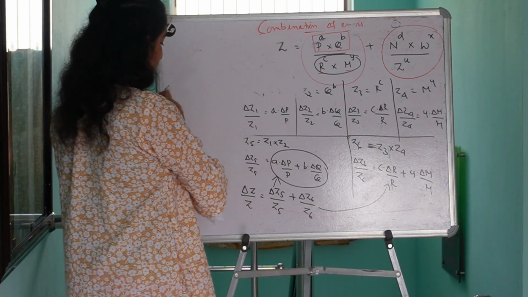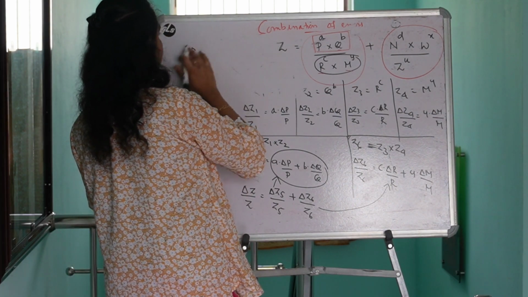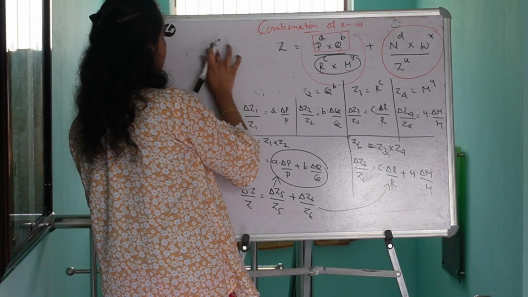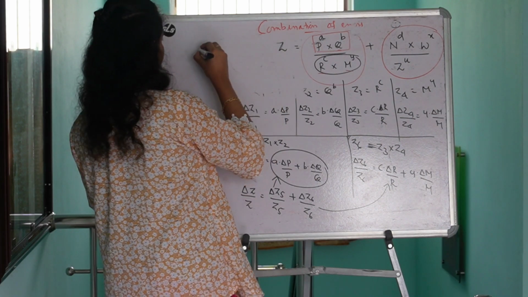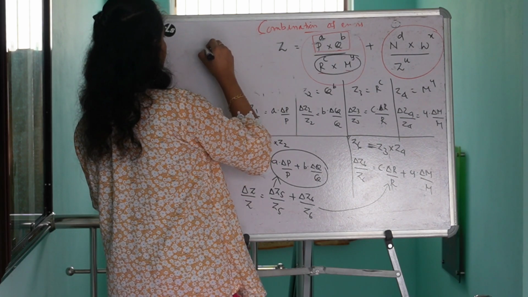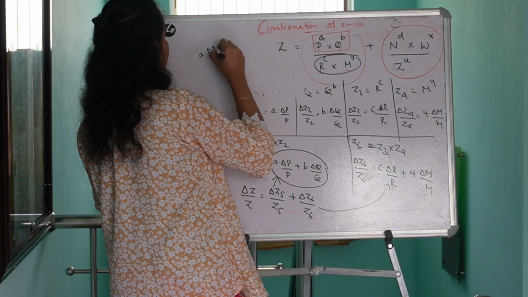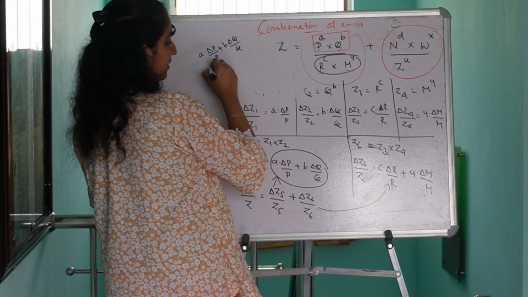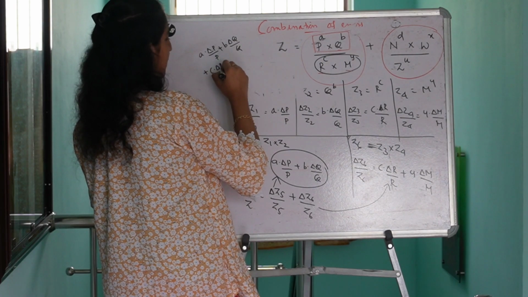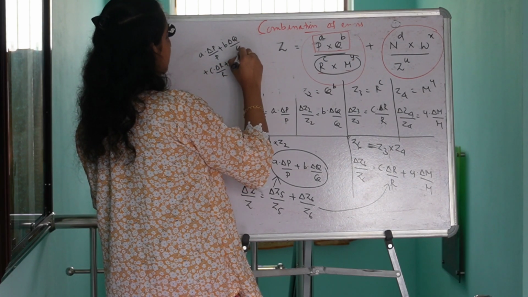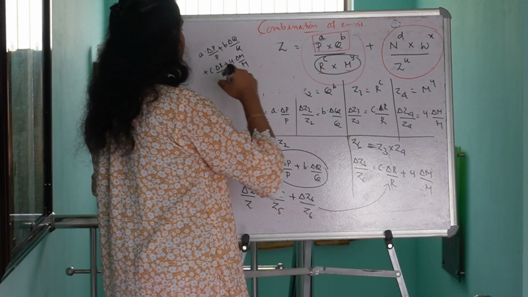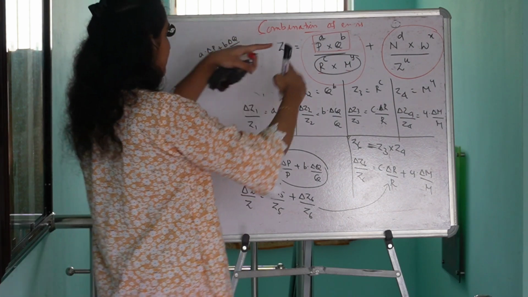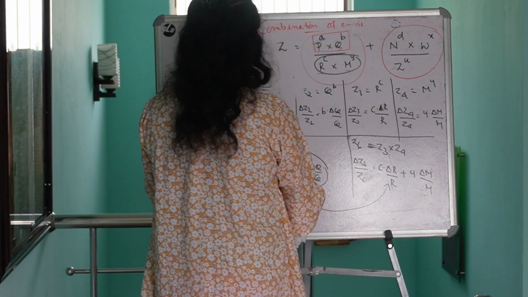Here I am writing del Z by Z: A into del P by P, B into del Q by Q, C into del R by R plus Y into del M by M. So this is the relative error of this whole term, the first term.